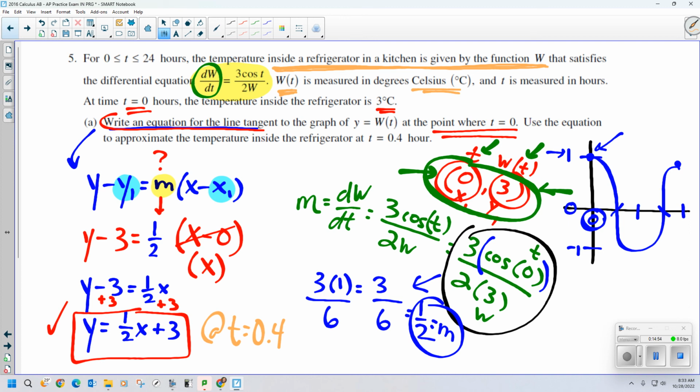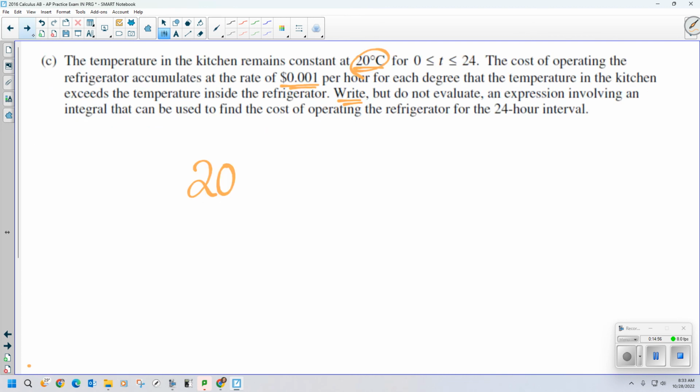So I'm going to take my 20 and subtract W of t. Remember, we want the bigger function minus the smaller function. And why are we doing that? Because the temperature in the kitchen exceeds, which means it's bigger than inside the refrigerator, which is our W of t.